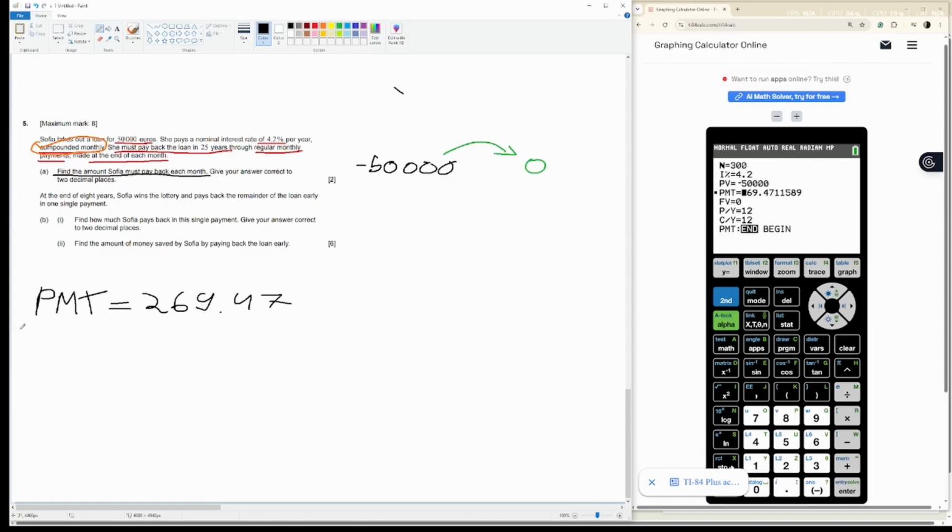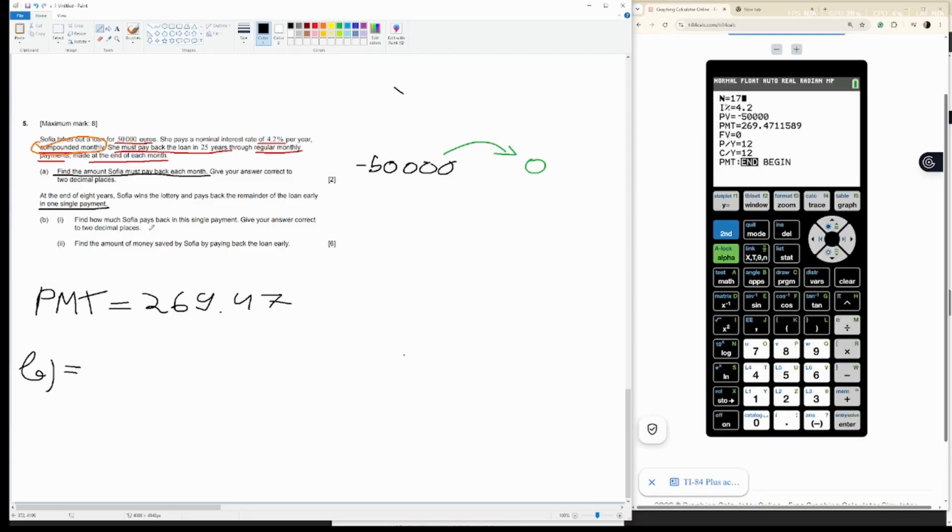So for B, it said that at the end of 8 years, Sophia wins the lottery and pays back the remainder of the loan early in a single payment. Find how much Sophia pays back in the single payment. So we know that at the end of 8 years, the payments made were 8 times 12, which is 96.